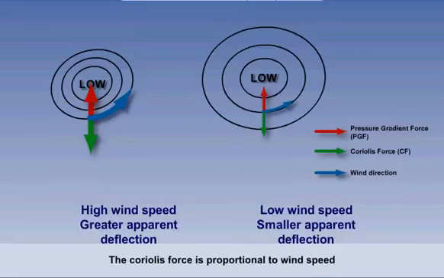If there is no wind, there is no observed deflection. As a result, we can say that the Coriolis force is proportional to the wind speed. This completes the explanation of the two forces involved in the geostrophic wind. But there are other points about the geostrophic wind which need to be considered.